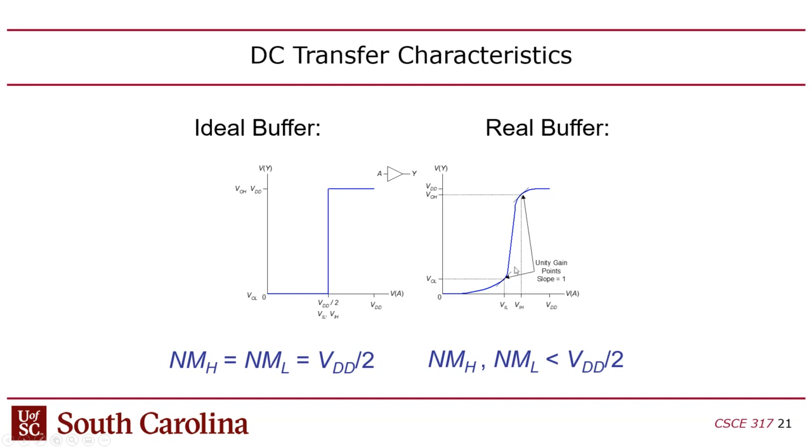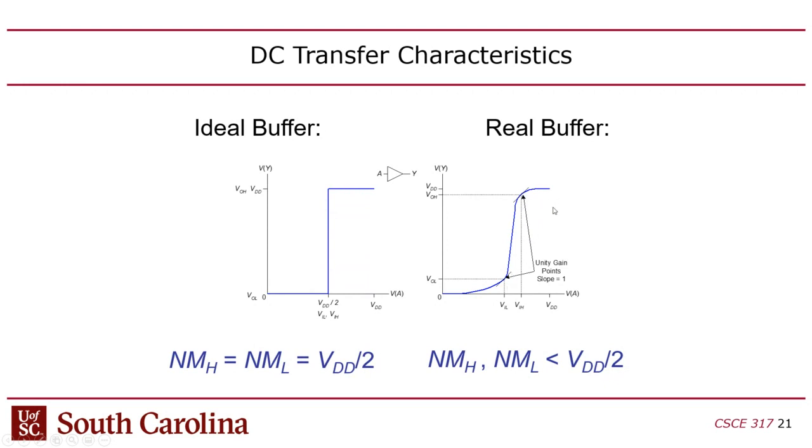And so there are these unity gain points, which is the point at which you go from basically linear to saturation mode. You go from a very gentle rise of the output voltage to a very steep rise. That happens when the slope is 1. So the slope is less than 1 here, and then it's greater than 1 here, but it's going to equal 1 here, right?